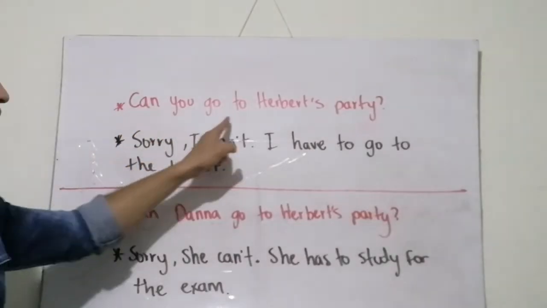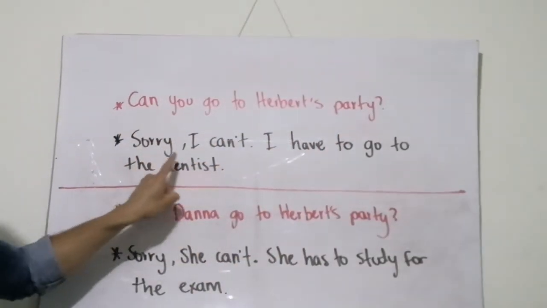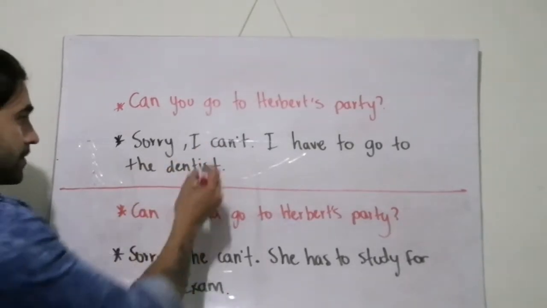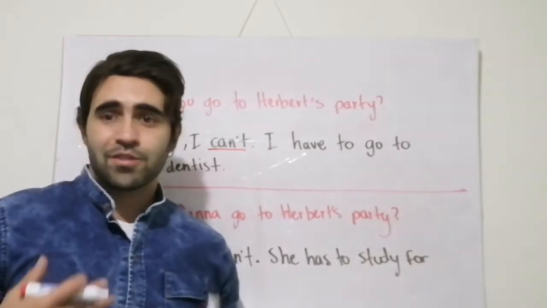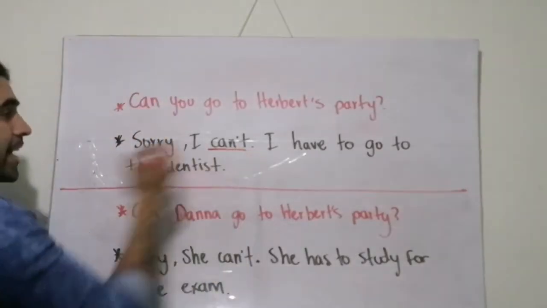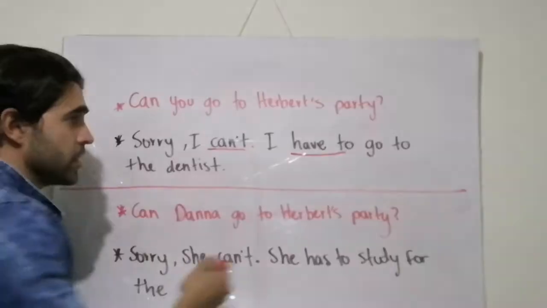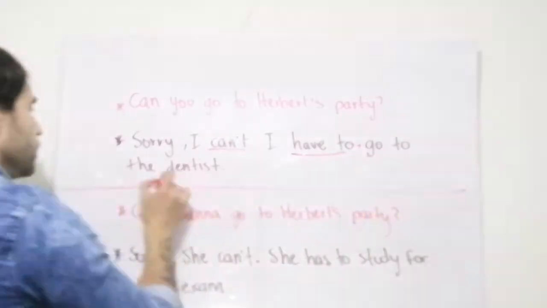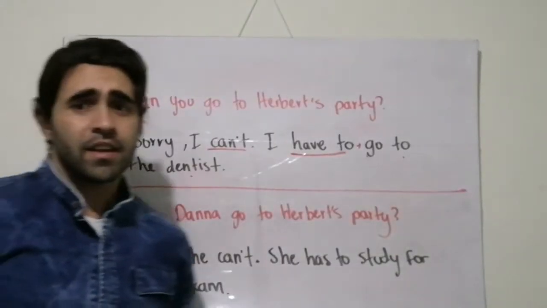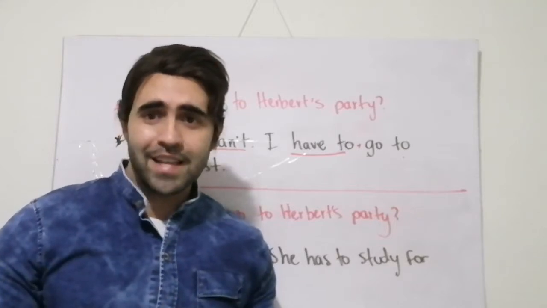We have, can you go to Herbert's party? I say, sorry, I can't. Remember the verb can and can't. I have to, that's my obligation, I have to, and after that we have the verb, go to the dentist. I say, I can't go to Herbert's party, I have to go to the dentist.